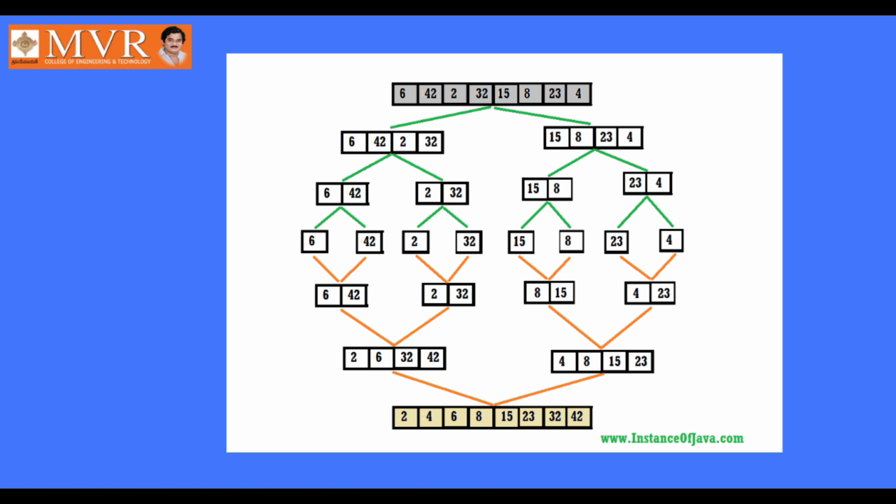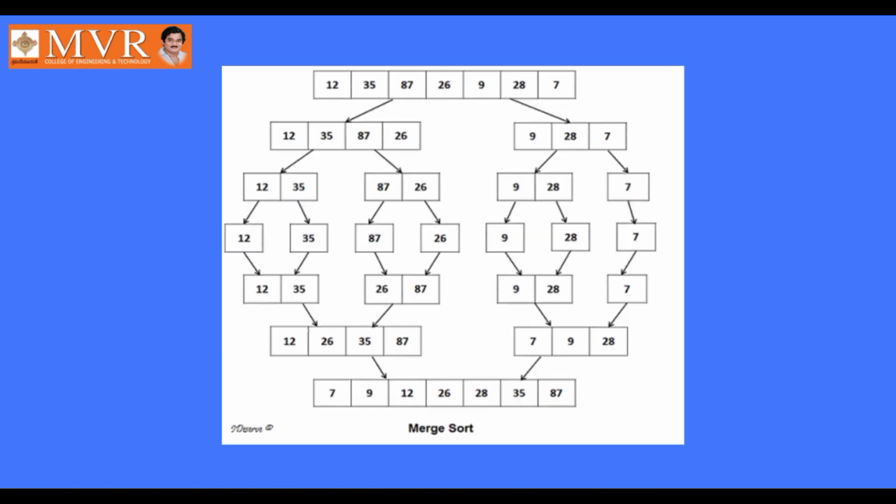And in the last, after performing the whole technique, you will get the sorted list, which is below. Last step is the sorted list. This is another example for you to understand the technique clearly. See, consider another example.